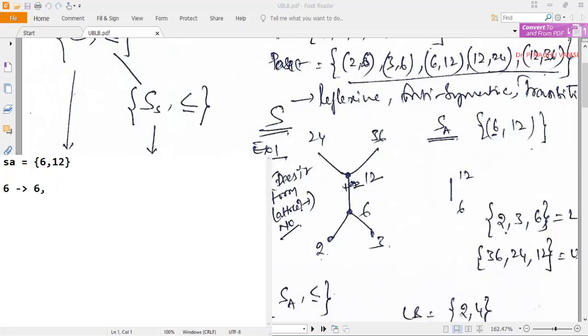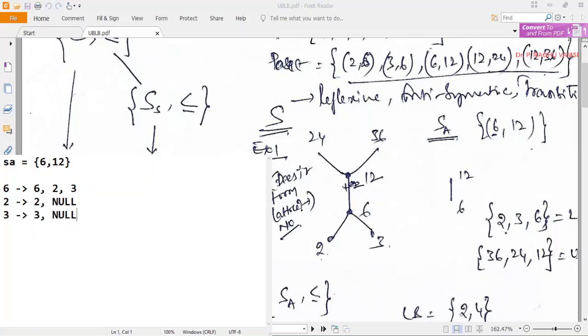So 6, and what are the elements less than 6 available in the Hasse diagram? 2 and 3. Coming to the value 2, we can include 2 because 2 is less than or equal to 6, and below it nothing is available. Next 3, and nothing below it.